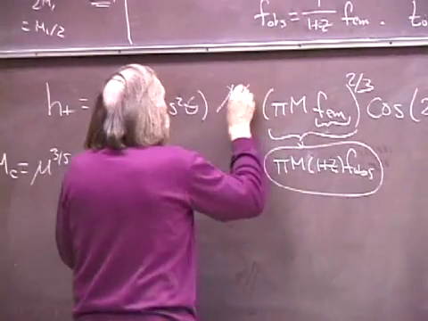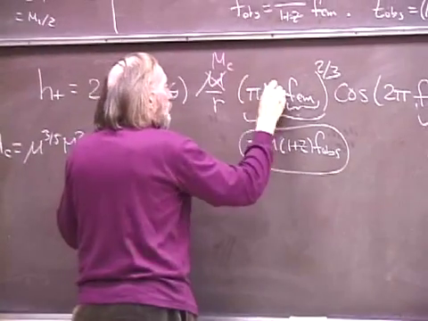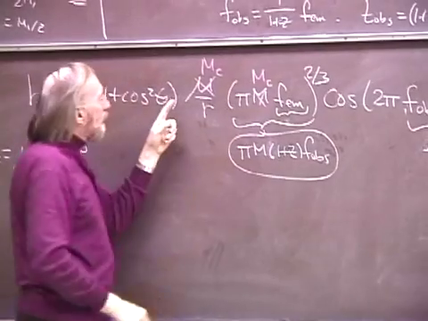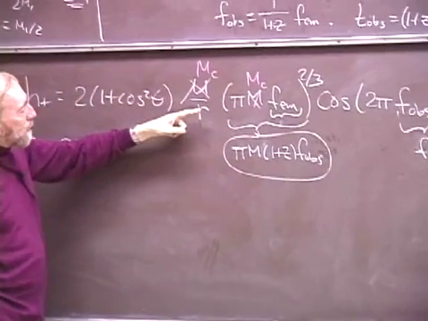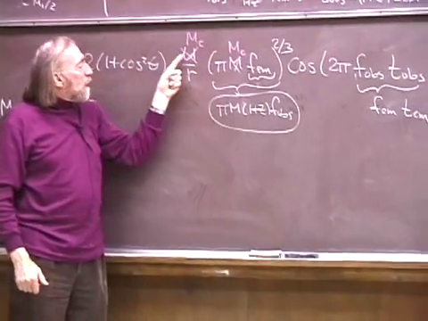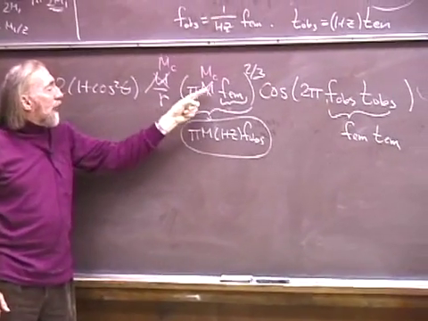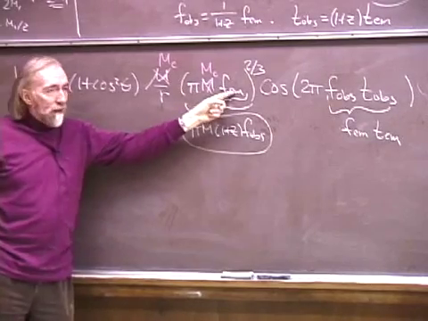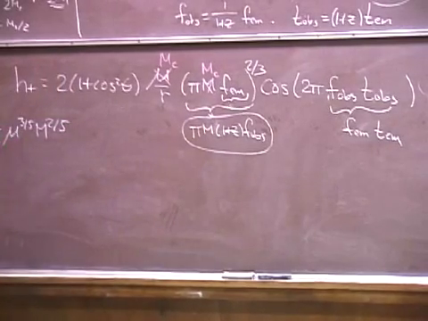So I claim that chirp mass over r times pi chirp mass f to the 2/3 is the same as mu over r times pi times total mass times f to the 2/3.